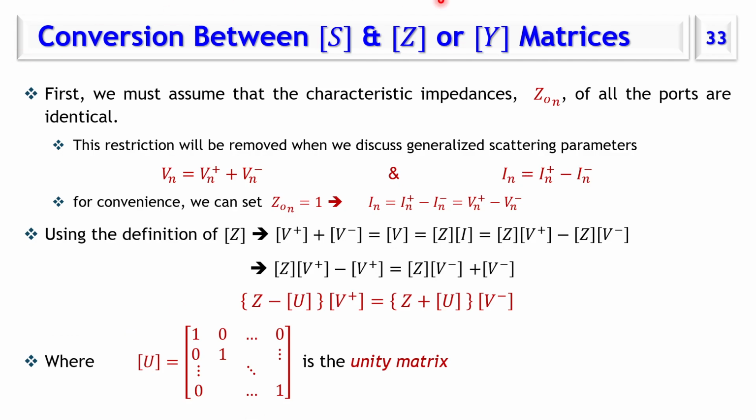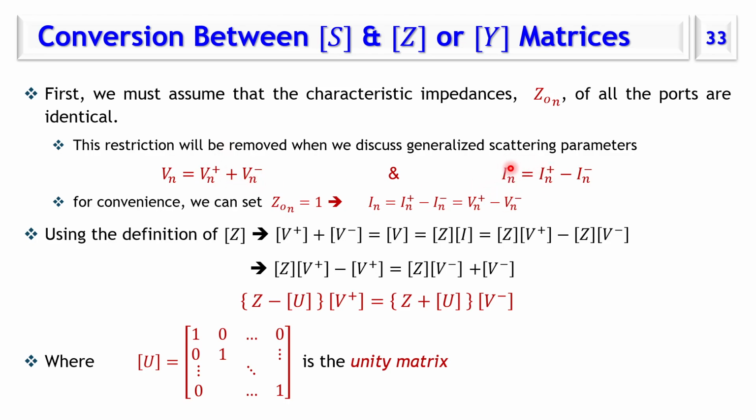Regarding the conversion from S to Z or from Z to S, if we know how to convert from S to Z, then Z to the power minus 1 will equal Y, or if we are converting from Y to S, we can have Y to the power minus 1 equal Z, then we convert from Z to S. So at port N, the total voltage equals the incident and reflected voltages summed up.